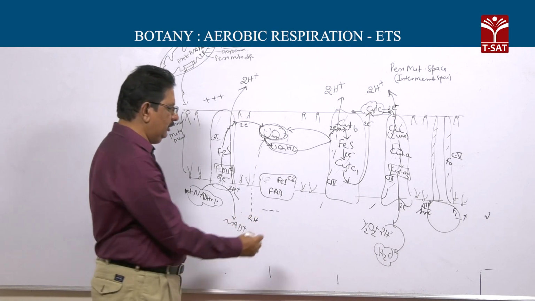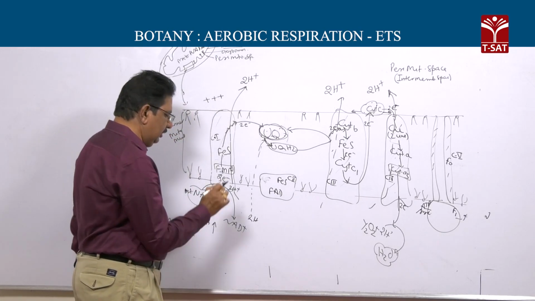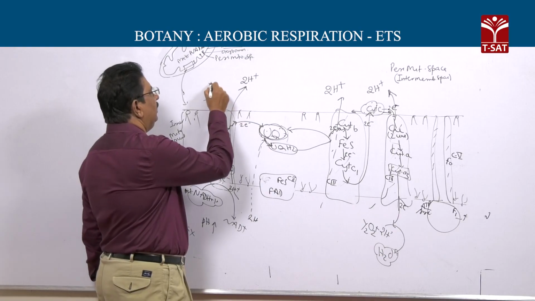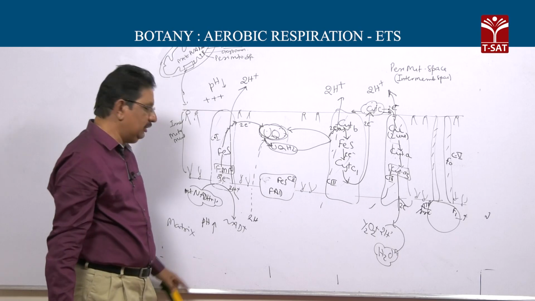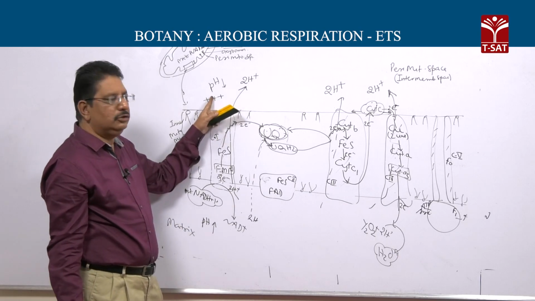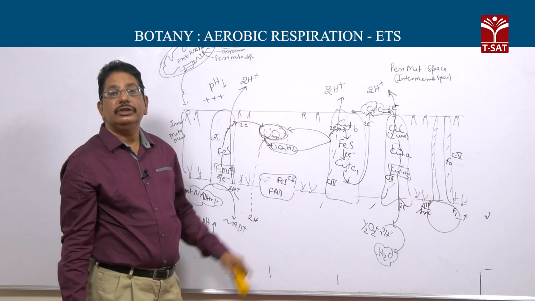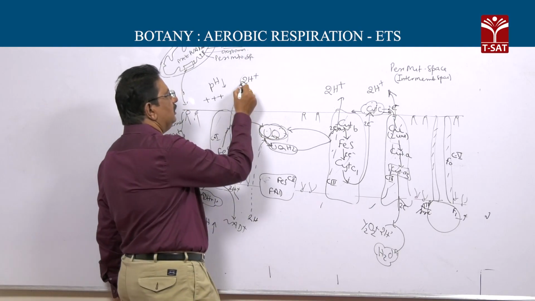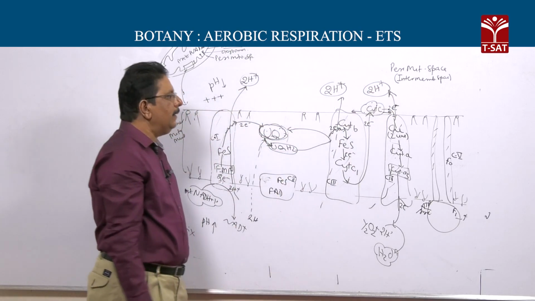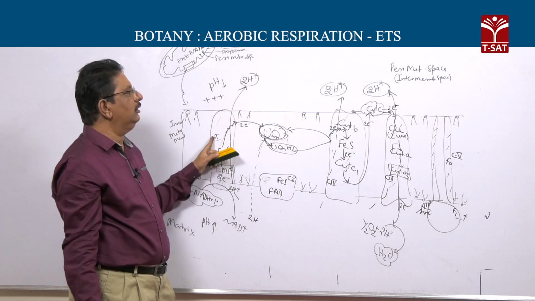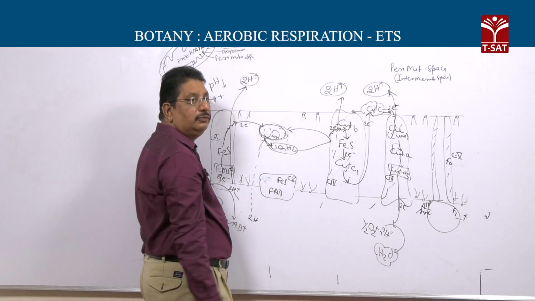That means the pH of the matrix is going to be increased and the pH of the intermembrane space decreased. So, there is a pH gradient. So, electron transfer coupled with proton translocation results in a proton gradient across the membrane, and that proton gradient develops into a force called proton motive force.